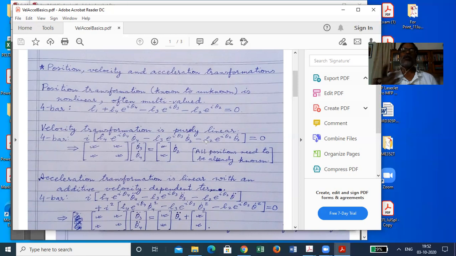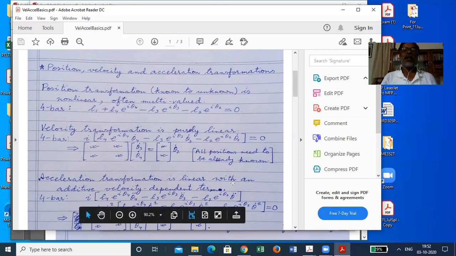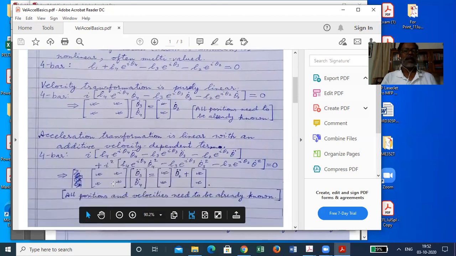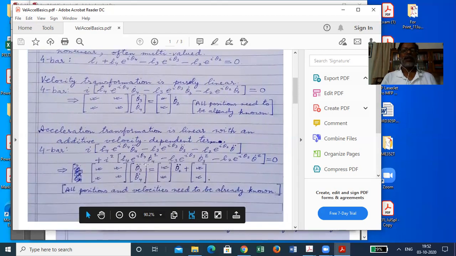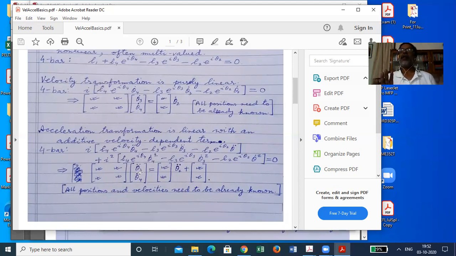So the proportion you get right even if you don't know the scale. Acceleration transformation is linear with an additive velocity dependent term, and for 4-bar it was like this. So this we discussed earlier, and that is all there is for analytical methods of kinematic analysis.